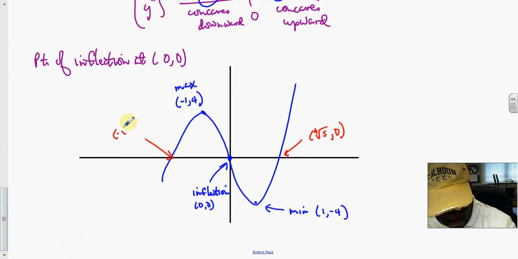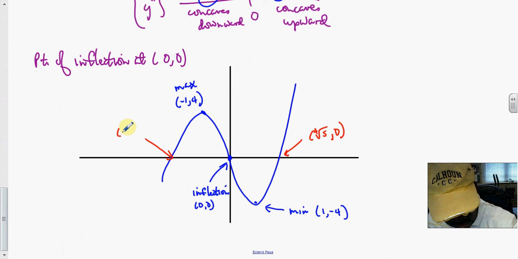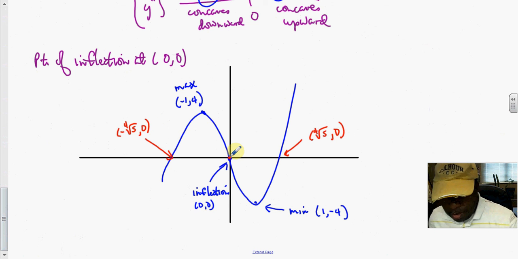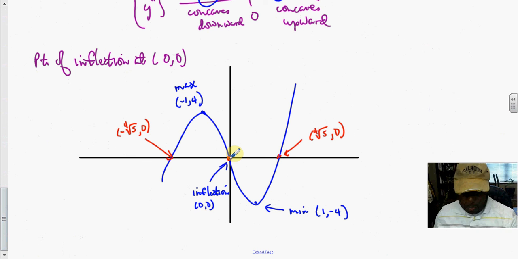The negative 4th root of 5, comma 0. And then obviously we have there another x-intercept, right?